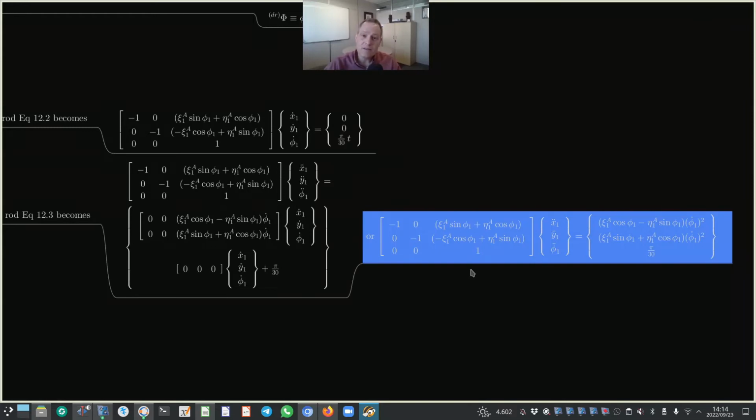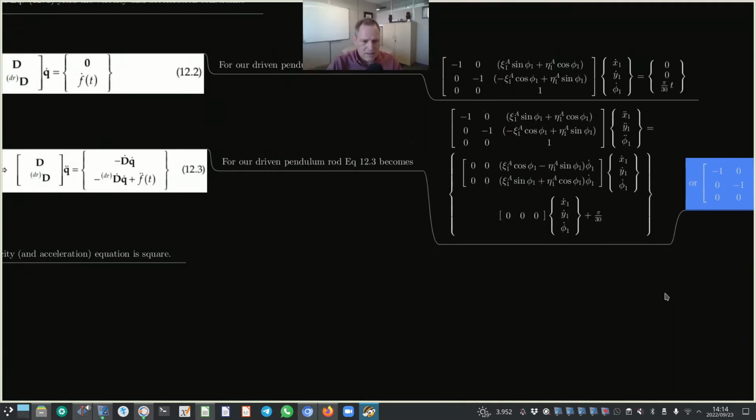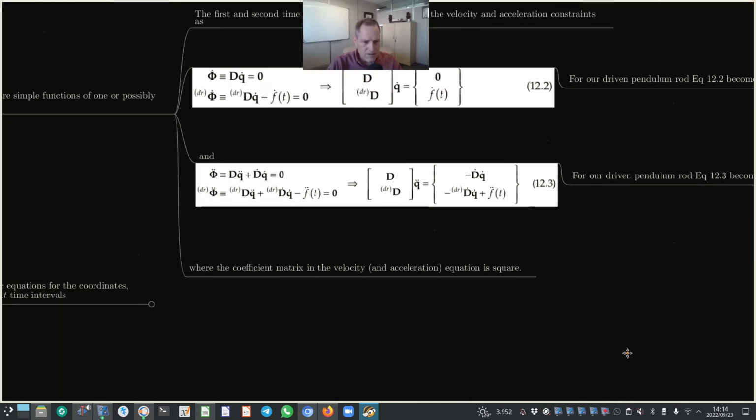We don't need to derive the equations of motion or write them down, draw a free body diagram and all of that. We can use the general purpose algorithm as a black box. So with that said, let's have a look.